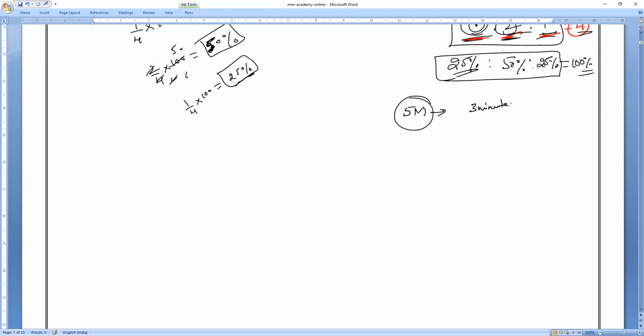There are no descriptive answers, only one word answers. Write the genotype, write the phenotype, calculate the percentage, calculate the number of plants. That's all. If you know this, 100% you will get 5 marks. So please learn the minimum things here.